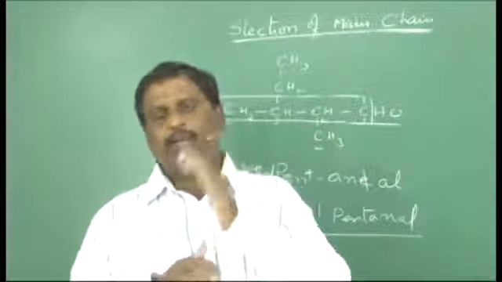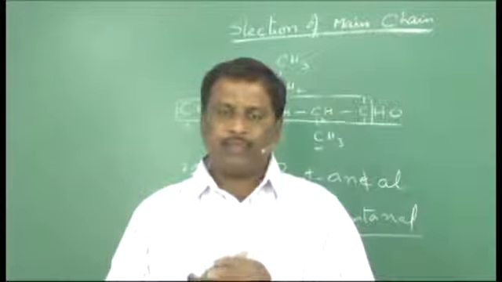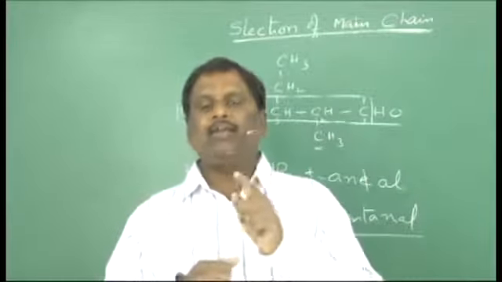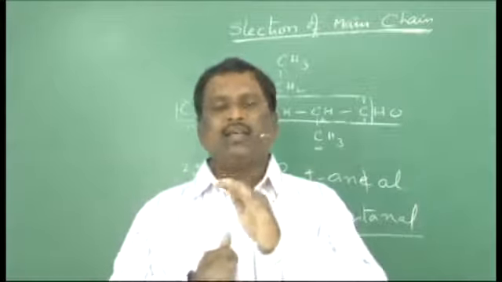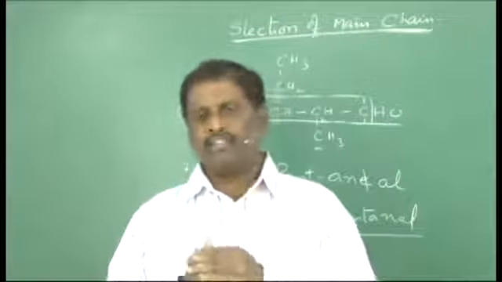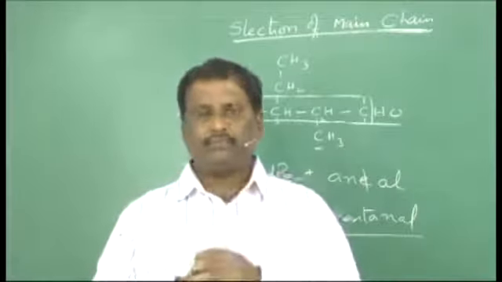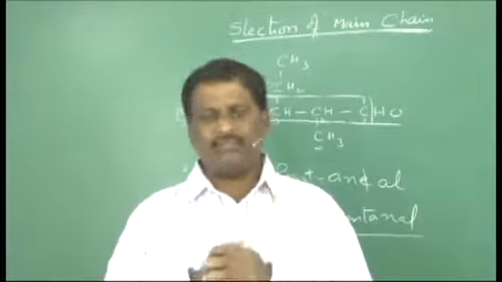Then after numbering, when you are numbering the compound, you should give numbers so that the carbon attached to the functional group gets the least number. Then substituents. When you are mentioning the substituents as prefixes, they may be on different carbon atoms.